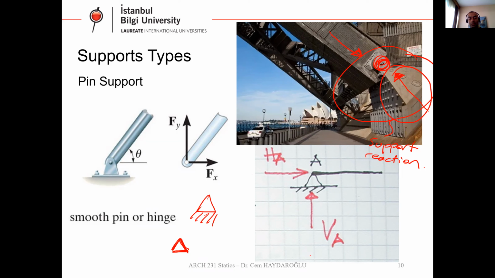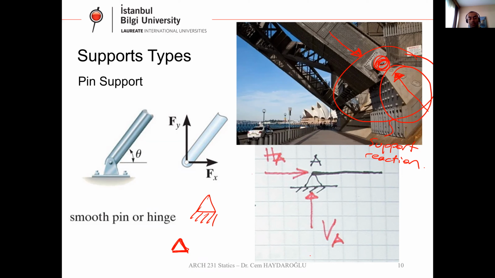our beam can move in the horizontal direction. If it can move, that means there is no reaction because there is no obstacle which prevents this motion. It can move, so there is no reaction in the lateral direction.